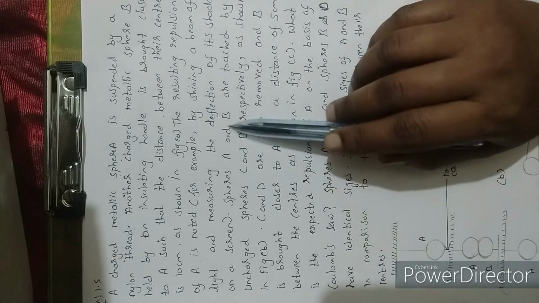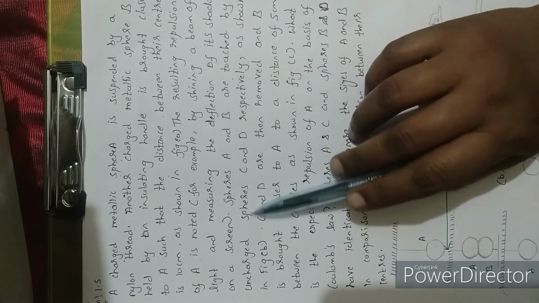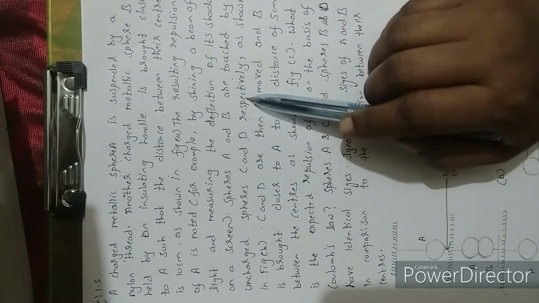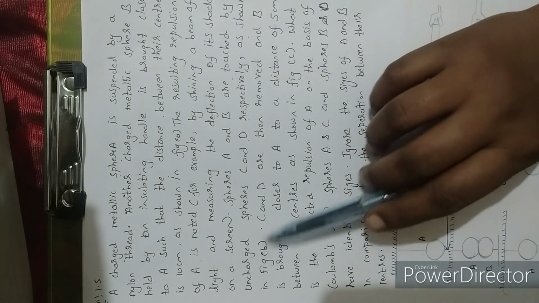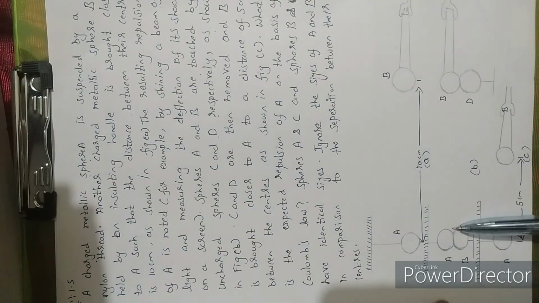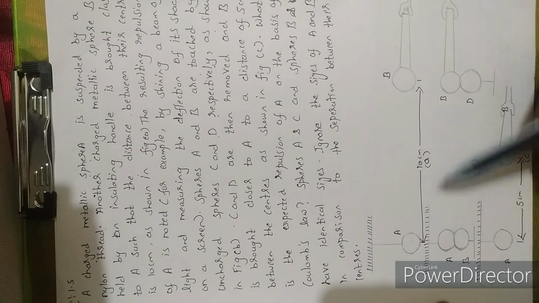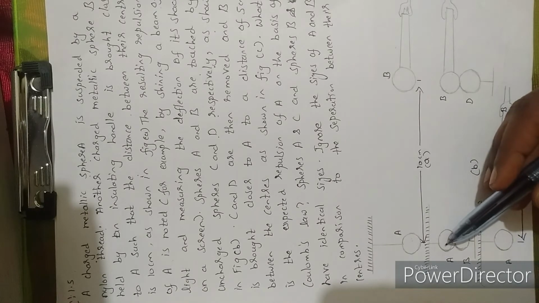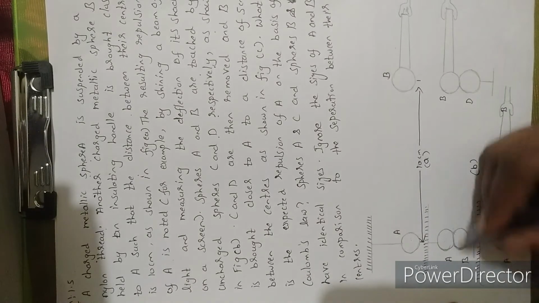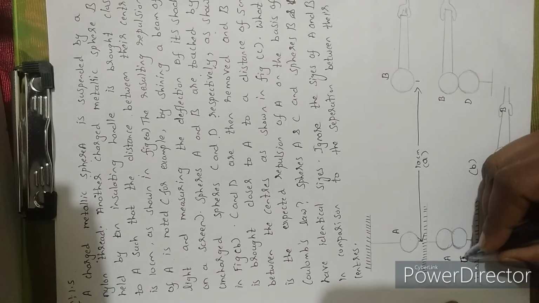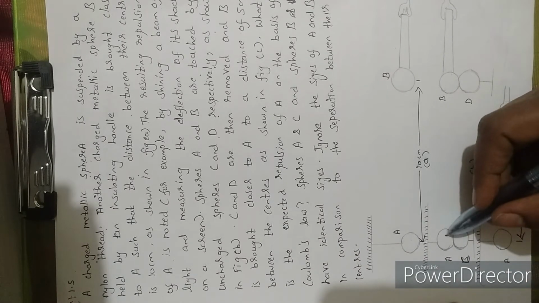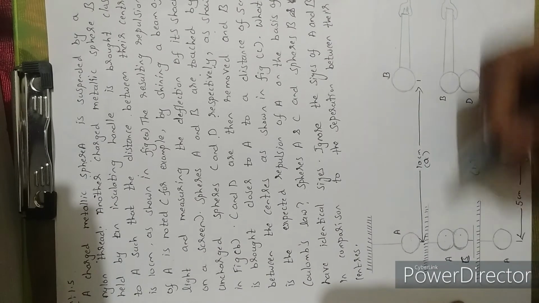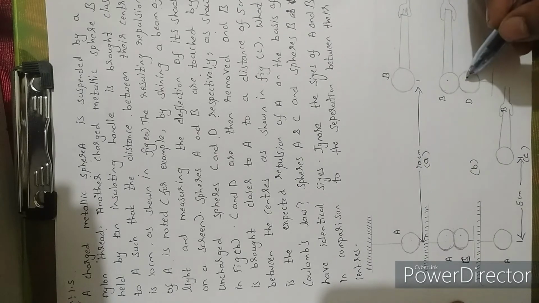Now, spheres A and B are touched by uncharged spheres C and D respectively as shown in figure B. So see the figure B, children. In figure B, A sphere is touched by C sphere and B sphere is being touched by D sphere.